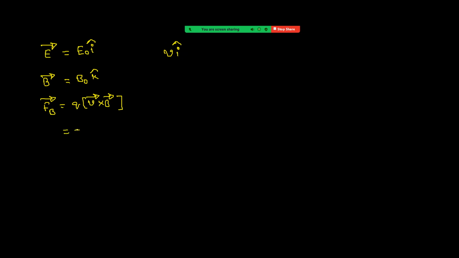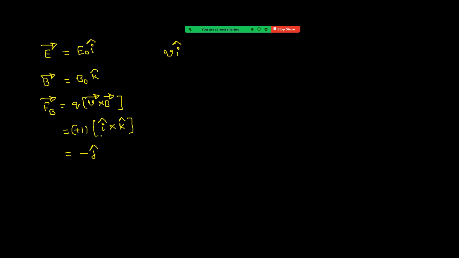For a positive charge, V direction is i cap, direction of B bar is k cap. So i cap cross k cap is minus j cap. That means on positive ions, the direction of magnetic force is along negative y-axis.